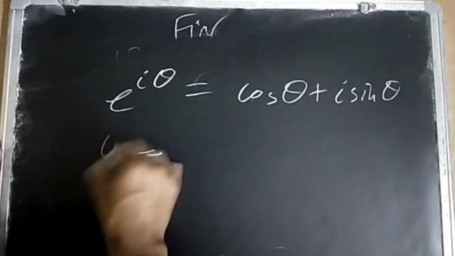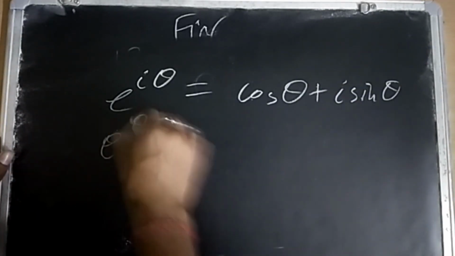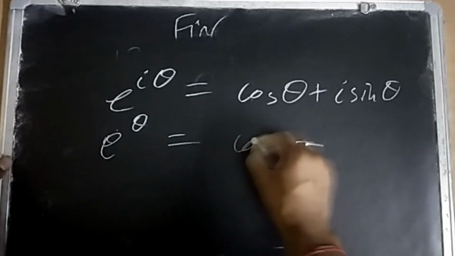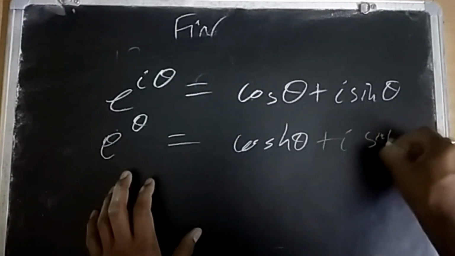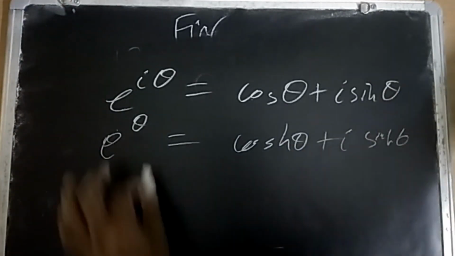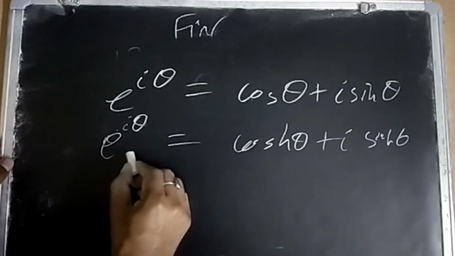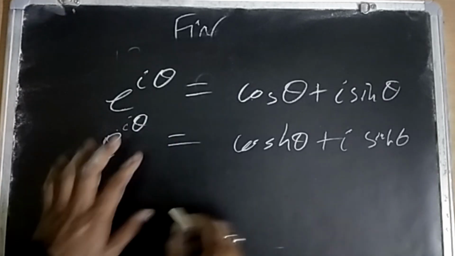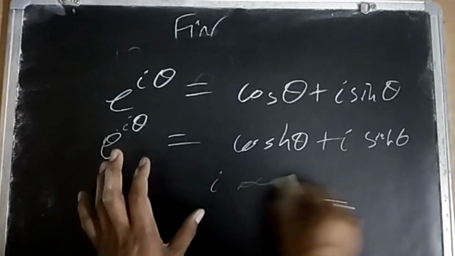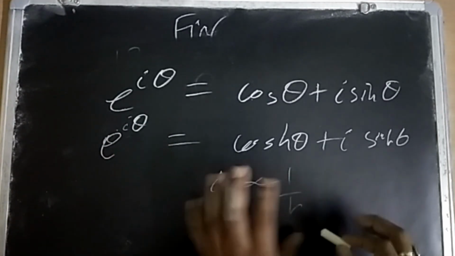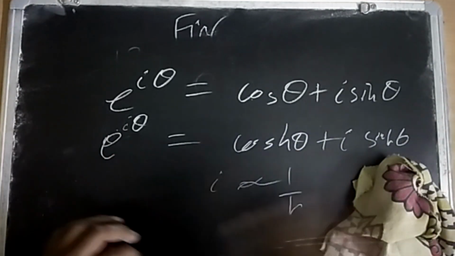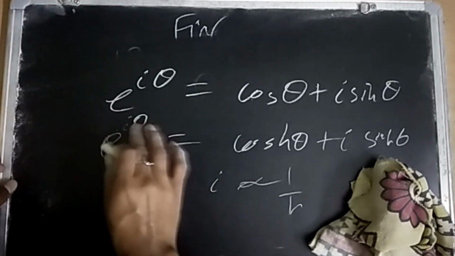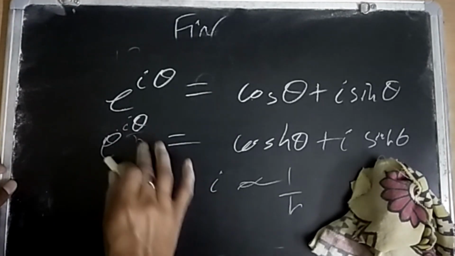Similarly, if it is e to the power only theta, then it would be cos hyperbolic theta plus iota sin hyperbolic theta, this way, because iota is not there. Iota is almost like 1 upon h, not exactly, but like it. So h would come in this case.